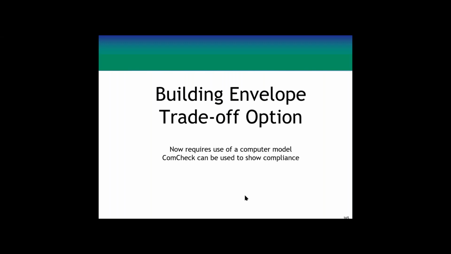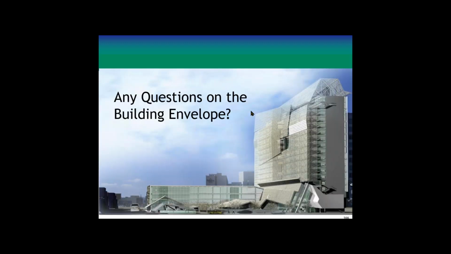A lot of times, even if we're not filing by ComCheck for the whole building, we will use just the envelope portion, do that calculation, and then print it out and include that in the design documents that we back up our design with.